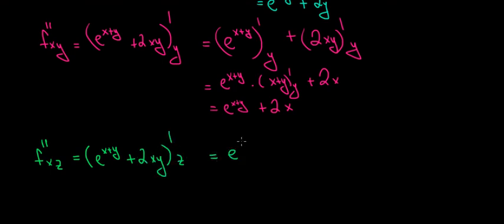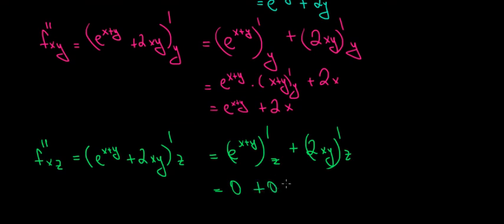So we take every term derivative with respect to z, plus 2xy derivative with respect to z. Here we don't have any z involved, so it's just going to be a constant derivative, because this e to a certain power is going to be a number, it's a constant, so it's going to be 0. And the same here, a product is going to give us a result, which is a number, derivative, that's 0 again, so the overall result is 0.